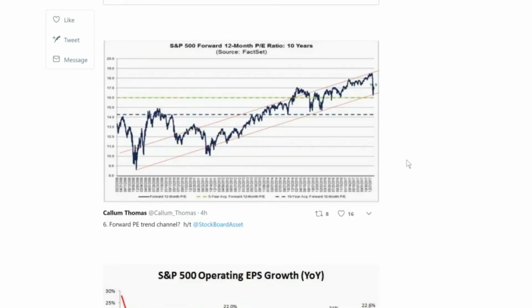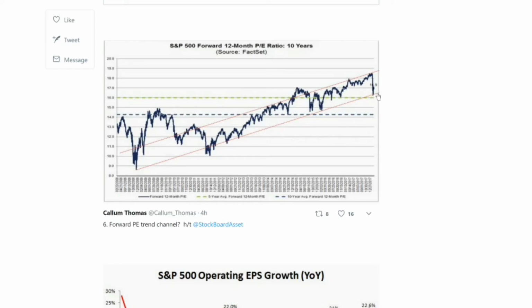And speaking of trend lines, this is kind of an interesting take on the forward PE ratio chart here. So we've got the stock board asset. They've put a trend channel around the forward PE ratio. You can see there that it's come down to the bottom end and bounced, and I guess the implication there is that it goes higher from here.